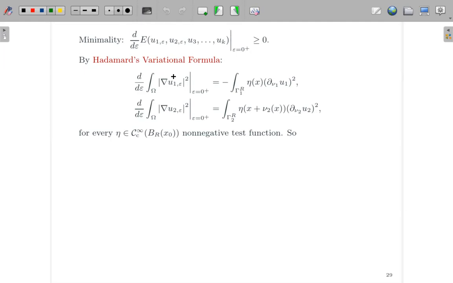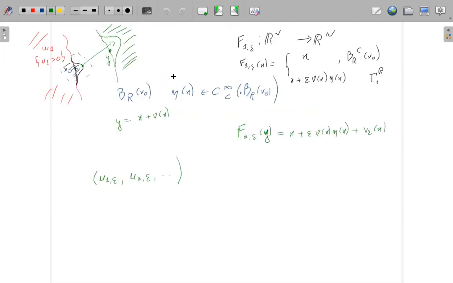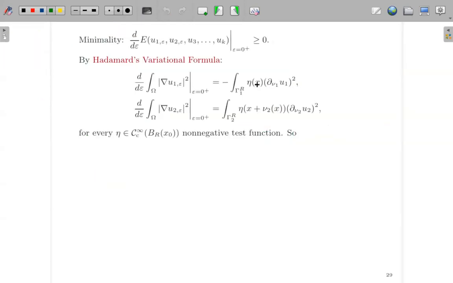Not surprisingly, it only depends on the variation in the normal directions. So what is the derivative? If you do the derivative in epsilon, you get this here, and this will be the part that will count. So the variation will be explicit.